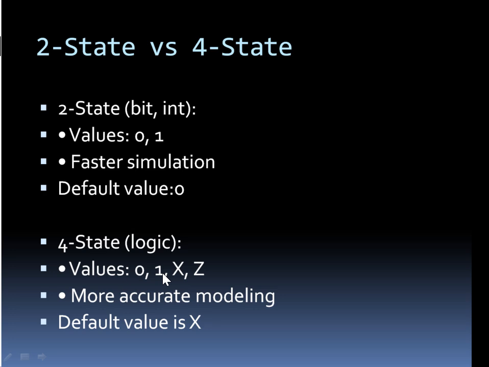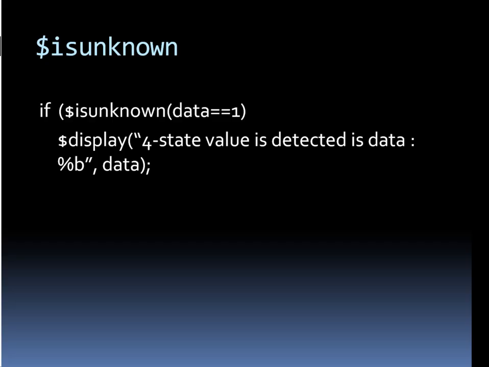It is useful in finding netlist bugs, as it shows compilation errors in case of multiple drivers. And what about the 2-state variable uses? It improves the simulator speed and reduces memory use. The default value of the 2-state data type is 0 and the default value of logic, the 4-state data type, is X.